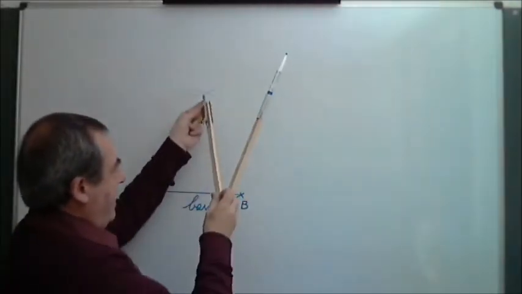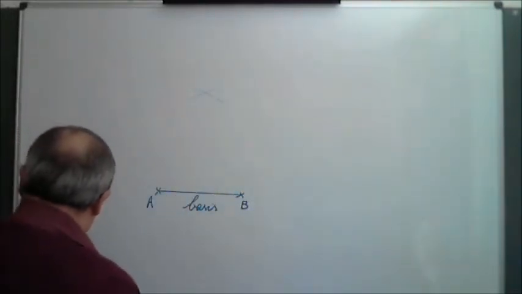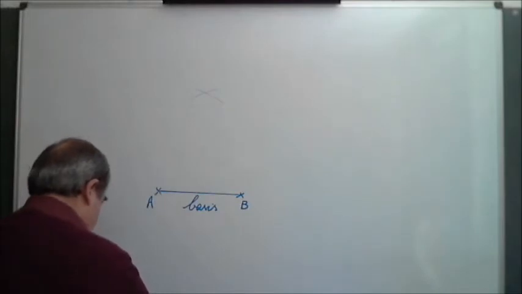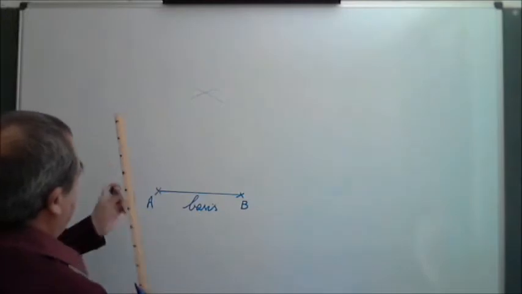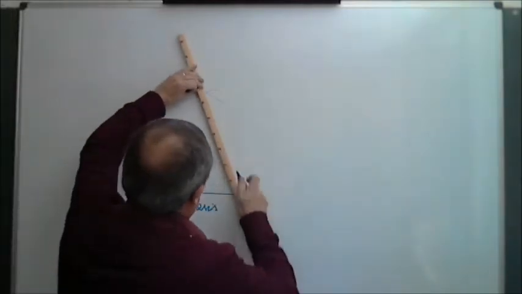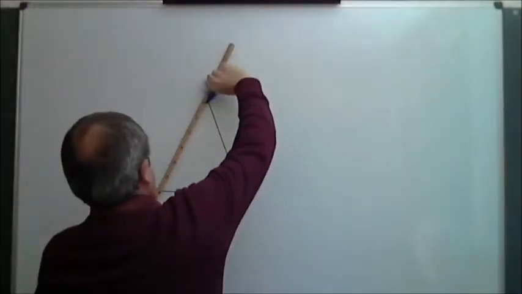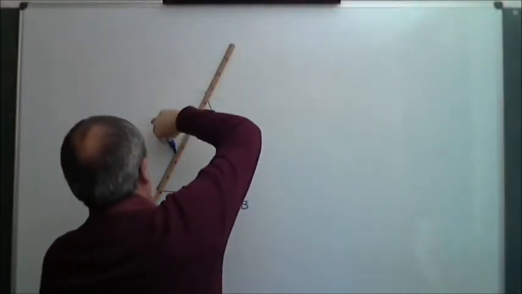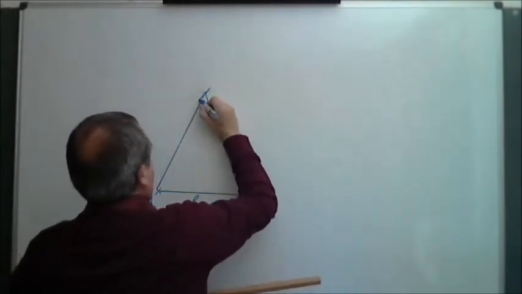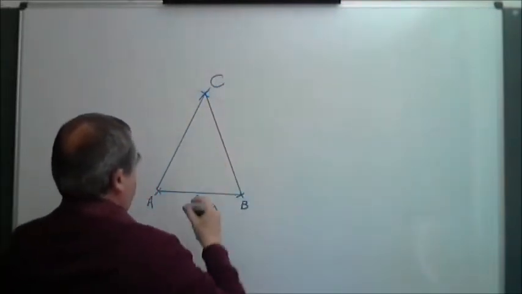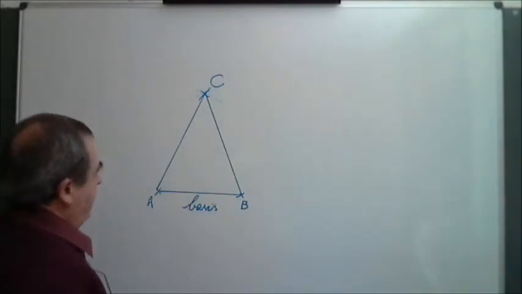And so I find the apex. I call it C. And now I can draw the isosceles triangle, CB and CA. The point C here is the apex of the isosceles triangle.